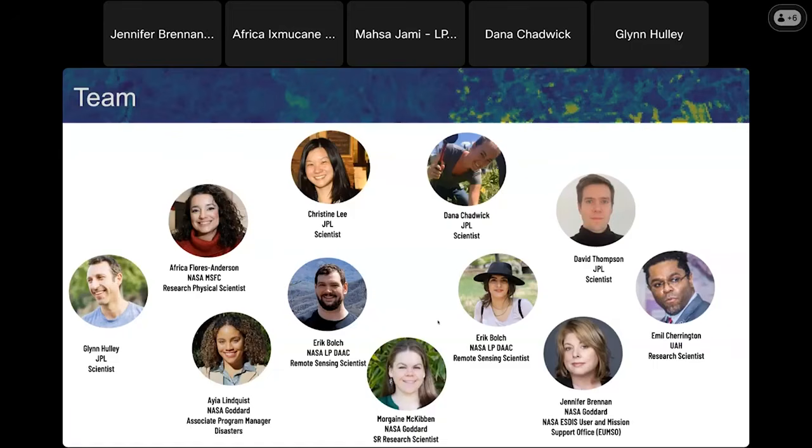We also have the applications team lead for PACE, Morgan McKibben from NASA Goddard, and subject matter experts from Marshall, which includes Emil Charrington and myself, and Aya Linkwitz from Goddard, who are going to go through tutorials and hands-on materials to use these different datasets.